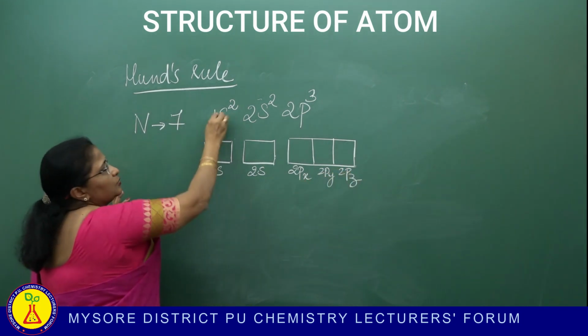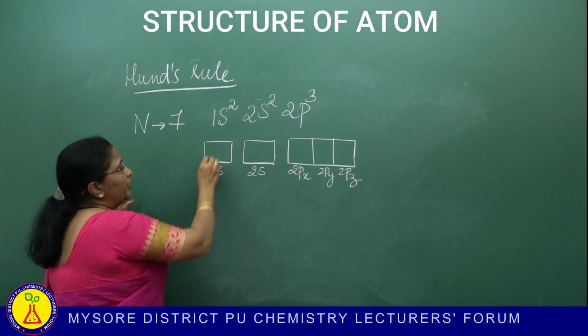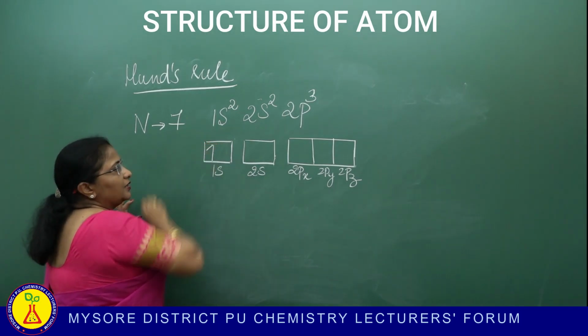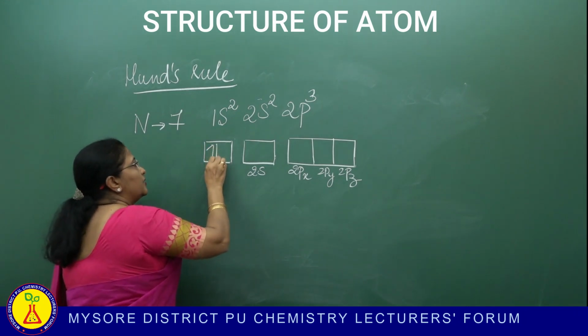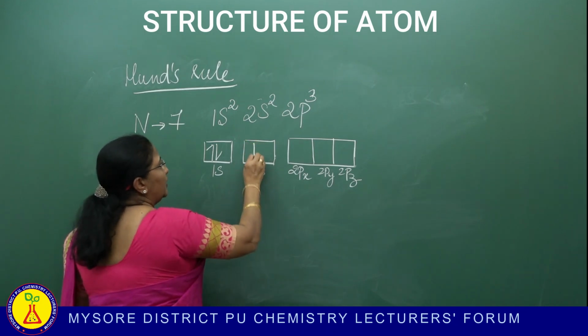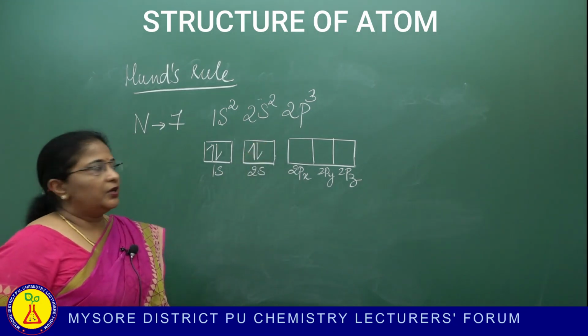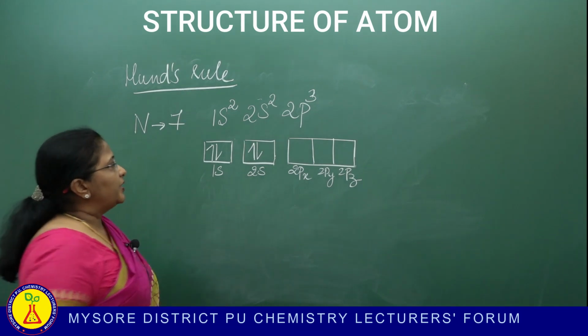Now how do we put the 2 electrons in the 1s orbital? I put one arrow up and the other down, plus half, minus half. In the 2s orbital I have the same.